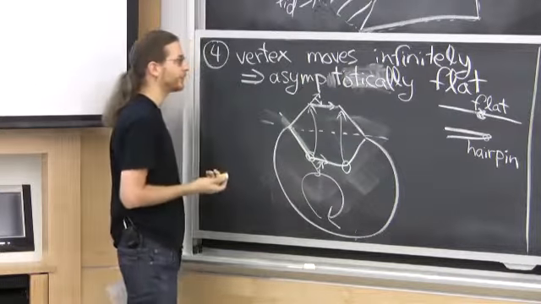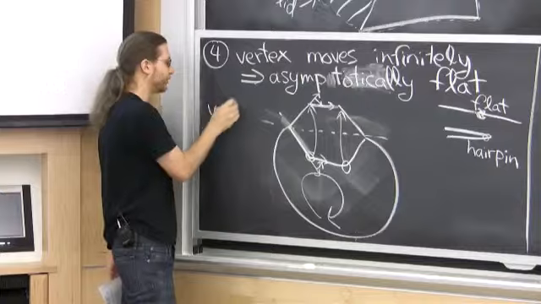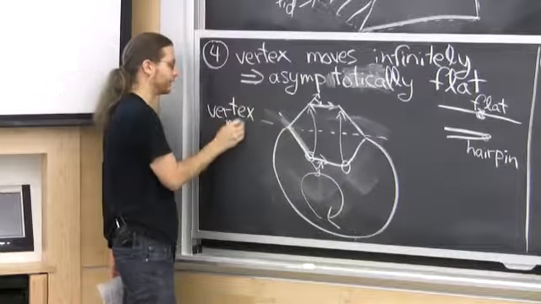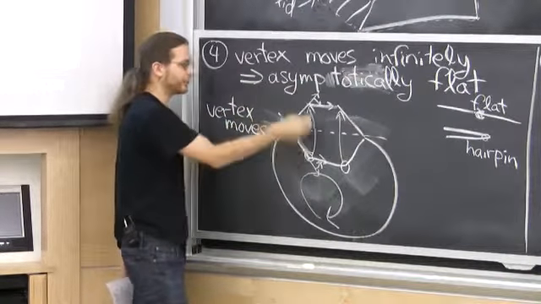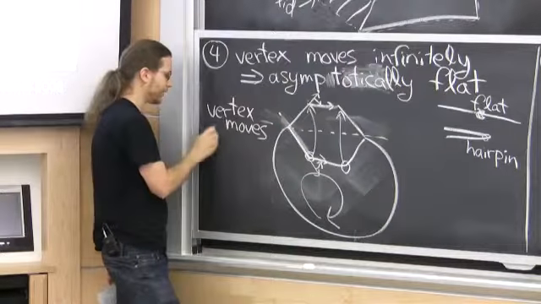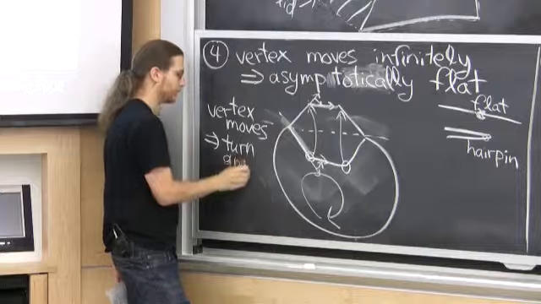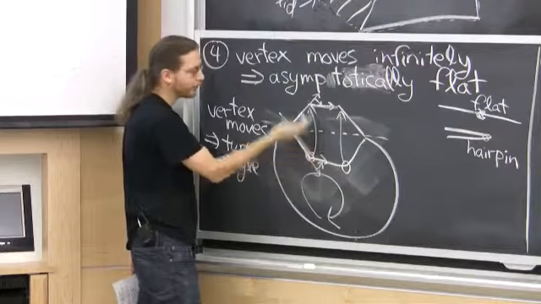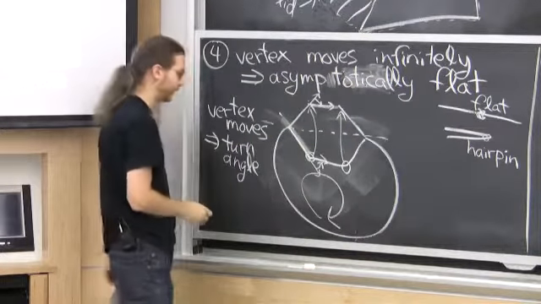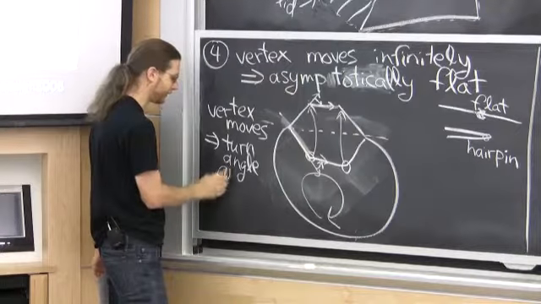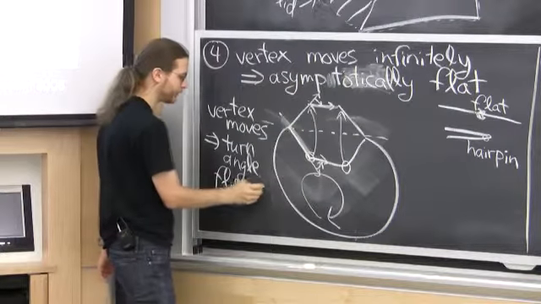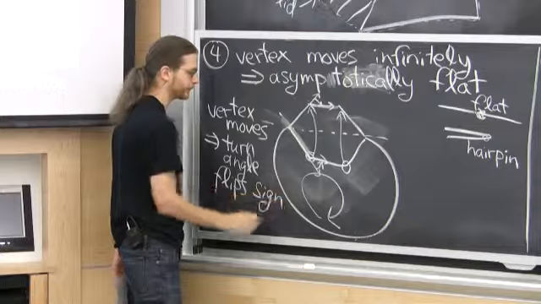So every time a vertex moves, so it was inside the pocket and it got moved, the value of the turn angle stays the same. We don't really care about that. It flips sign. It goes from positive to negative or vice versa.